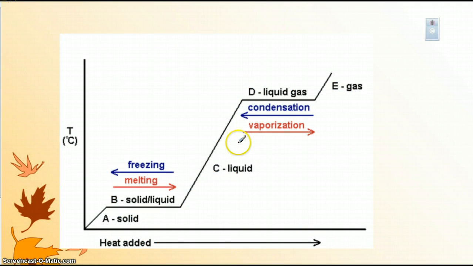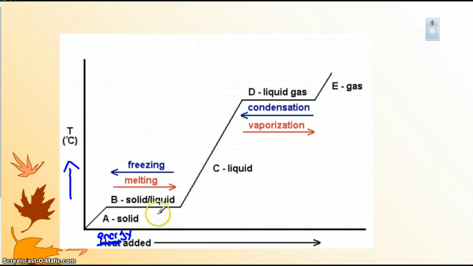What in the world is this? Don't freak out. Let's figure it out. On our y-axis here, we have temperature, and this is increasing temperature. On our x-axis, we have heat, or we could also say energy. Let's say energy for the sake of this argument.